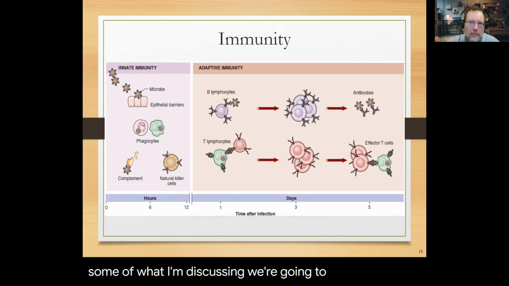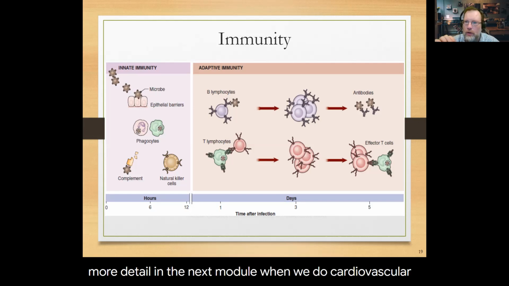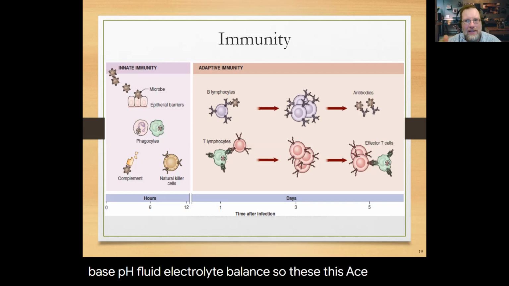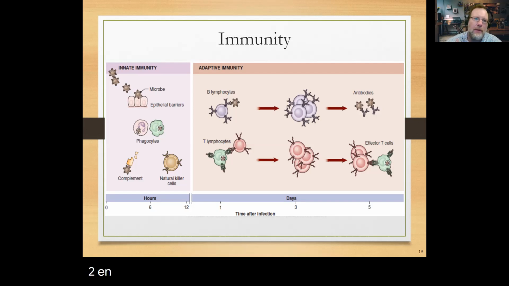We're going to talk about it in more detail in the next module when we do cardiovascular. We're going to look at urinary. We're going to look at acid-base, pH, fluid, electrolyte balance. So this ACE or ACE2 enzyme is something that we'll see later.